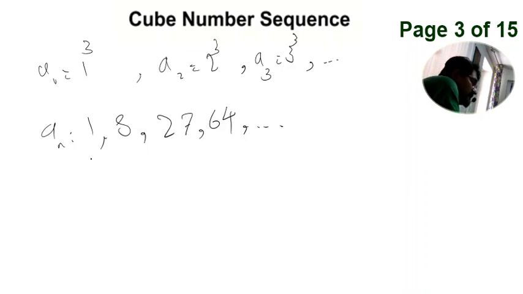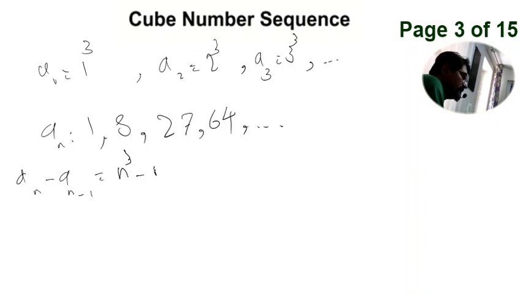We can find the relationship between an and an minus 1 by this n cube minus n minus 1 cube.